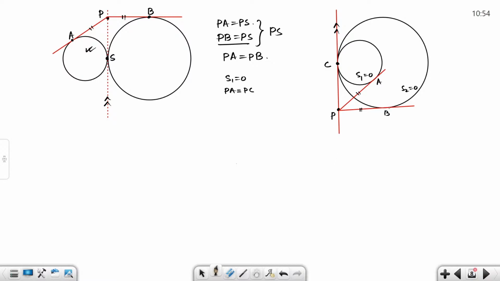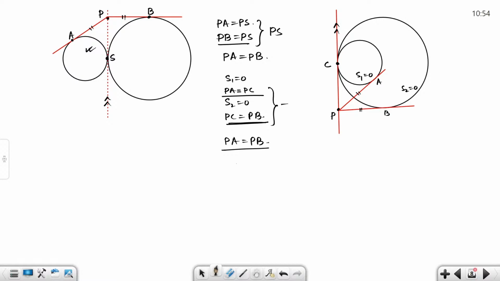Similarly, for the circle S2 equals 0, look carefully, PC and PB are also equal, because these two are the lengths of the tangents drawn from the external point P to the circle S2 equals 0. Now, comparing these two equations, we find both are equal to PC. Therefore, we can say PA equals PB.